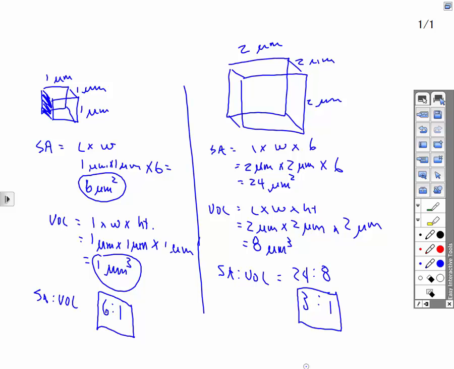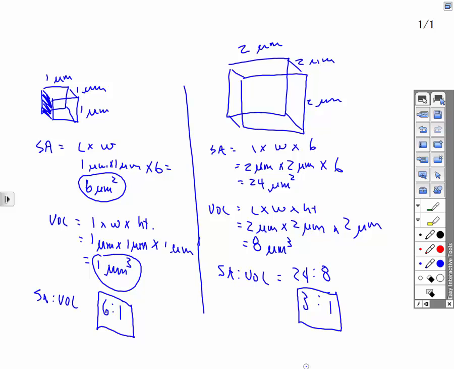I proved it. So what we're saying is if you have a little bitty tiny cell, you actually have more surface area per unit volume than if I have a big cell. Less surface area per volume. So if I have a cell that's this big and I have less surface area per volume, that's less surface by which you can get oxygen in, carbon dioxide out, nutrients in, and waste out.